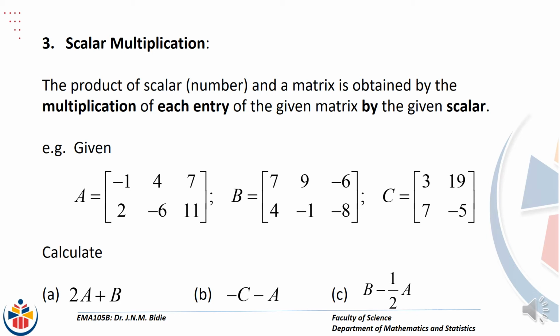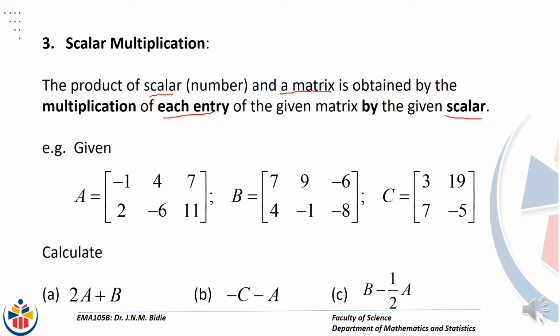Then we move on to scalar multiplication. Here we are supposed to find a product between a scalar and a matrix, any size of a matrix. What you do, you multiply each entry in the given matrix by that particular scalar.